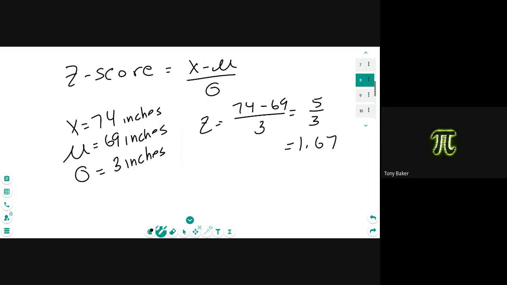So if we look, the z-table has negatives on one side, positives on the other side. Okay? If you look at all the numbers in the middle on the negative side, what's the biggest number in the middle? 0.4840. No. What? 0.5. Thank you. All right. So now think about it.